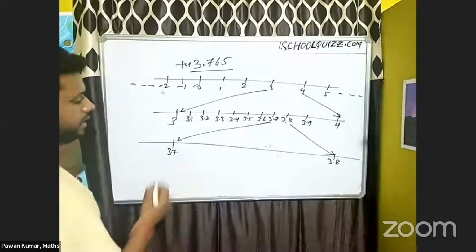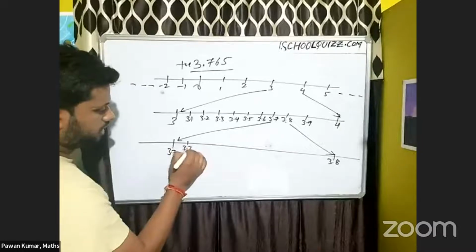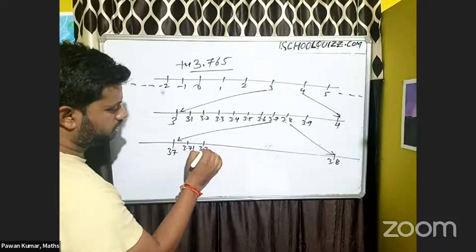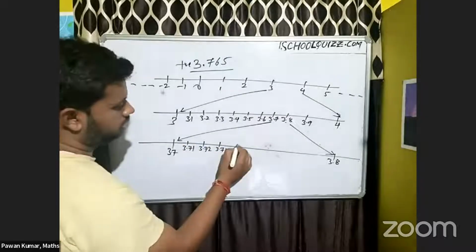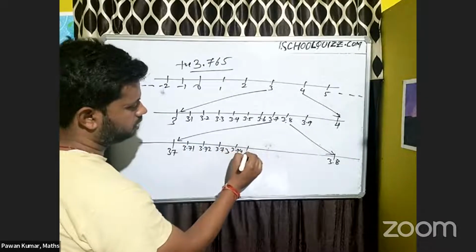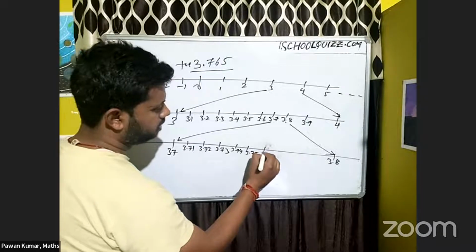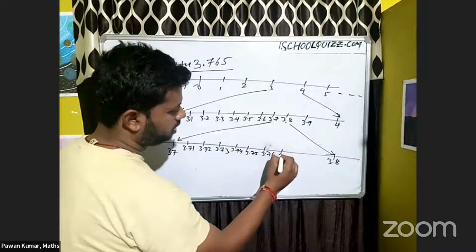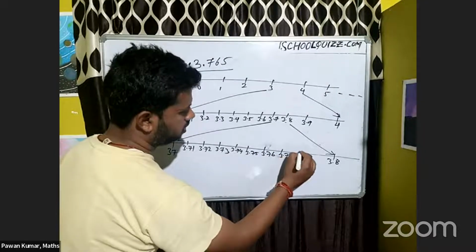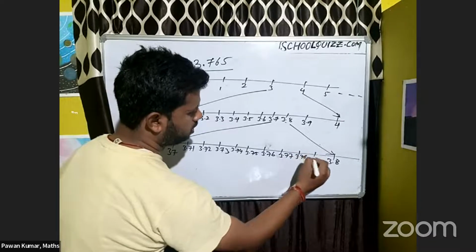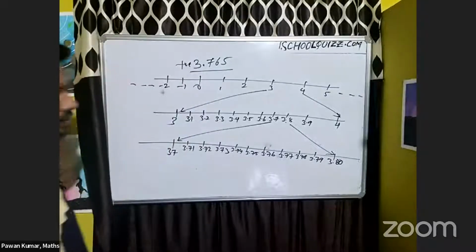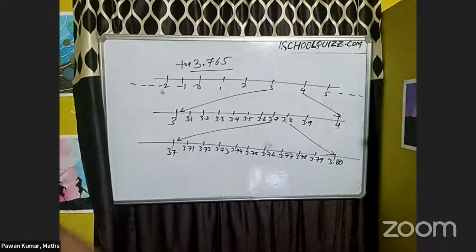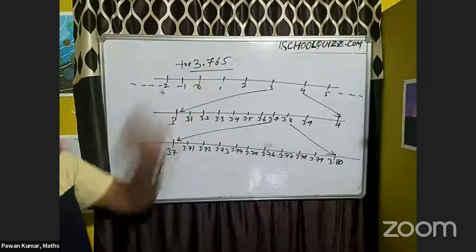So अब क्या करना है? 3.71, 3.72, 3.73, 3.74, 3.75, 3.76, 3.77, 3.78, 3.79, 3.80, करेक्ट? सिंपल.